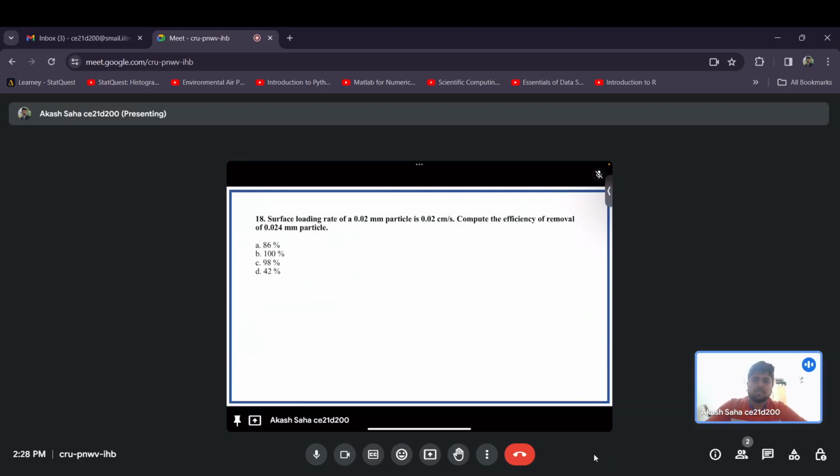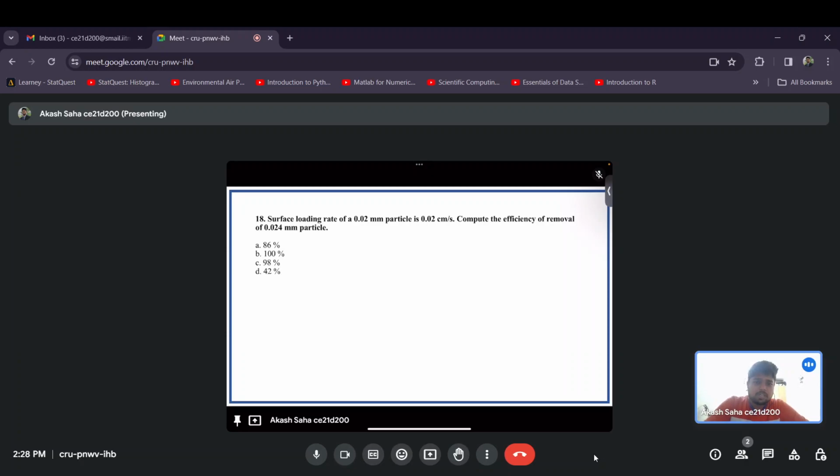It's a small numerical, you can say, or a one-liner answer. The question is: the surface loading rate of a 0.02 millimeter particle is 0.02 centimeter per second. So the particle size is 0.02 mm and the surface loading rate is 0.02 centimeter per second.